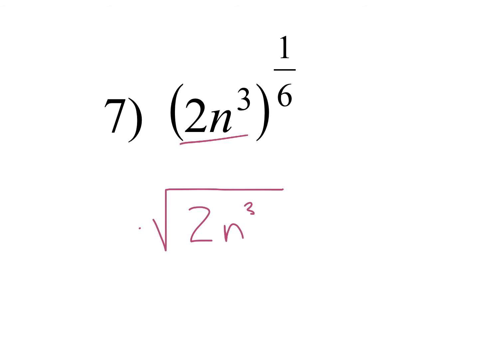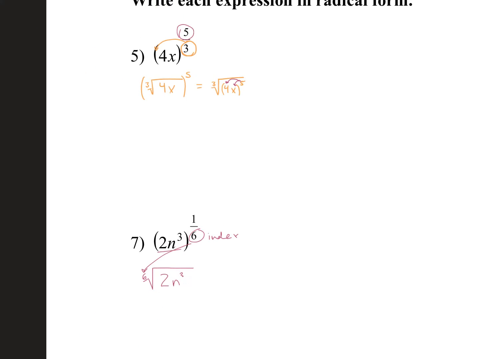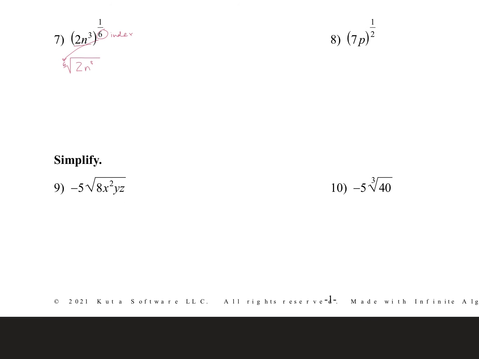What's the number that's going to go out front here? 6. Perfect. Whatever our denominator is, this is our index. That goes out front. And that's it. For these, you're not solving. All you're doing is rewriting. The next few, we are actually simplifying and solving it out.